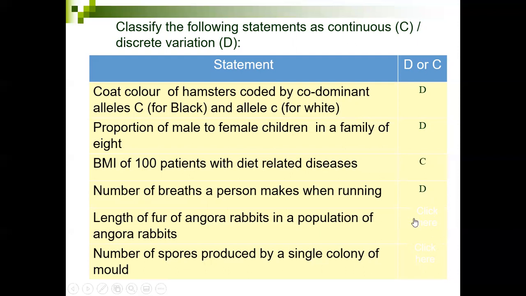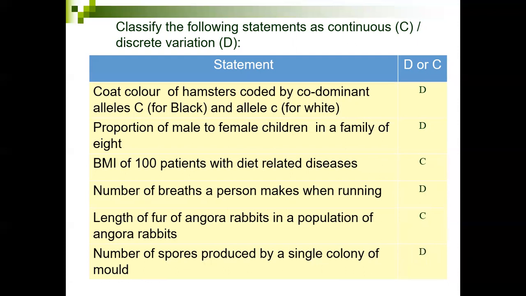Next, length of fur of Angora rabbits in a population of Angora. Continuous. Let's check the answer. Yes, it's like your hair length. But for them, they don't cut their hair, while for us, we cut our hair. If you don't cut the hair, it's also continuous. Next, number of spores produced by a single colony of mold.